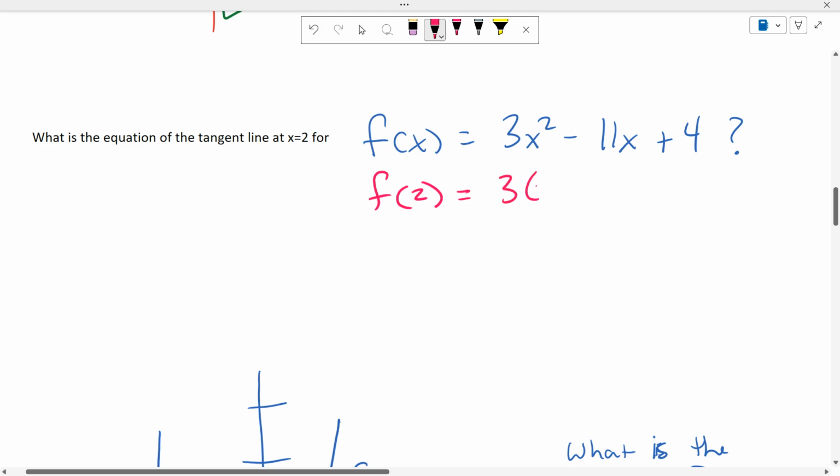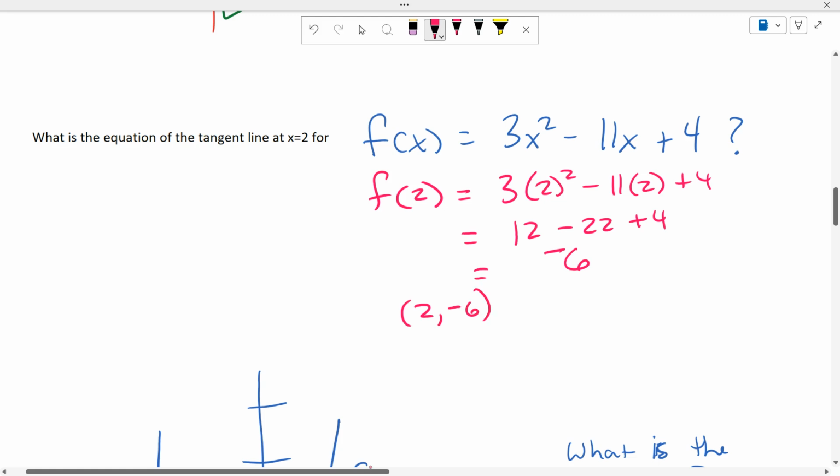So it's 3 times 2 squared minus 11 times 2 plus 4, which is 12 minus 22 plus 4, which is negative 10 plus 4. What's negative 10 plus 4? So our ordered pair that we're using is 2, negative 6.